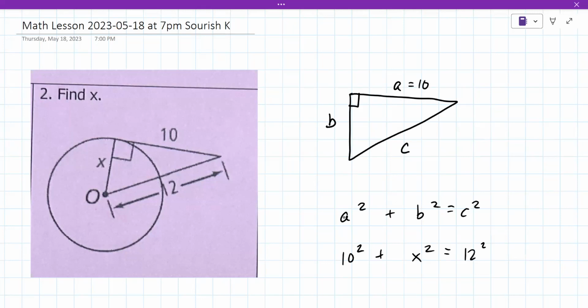Yeah, I'll be doing that. X squared is 144, but what is X?